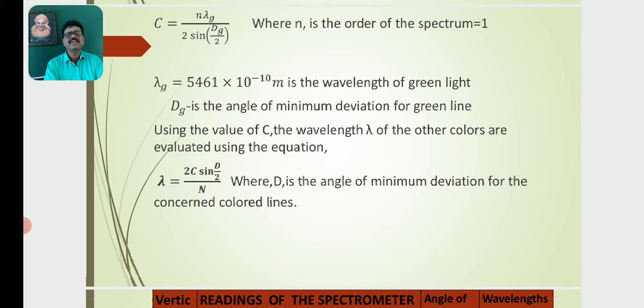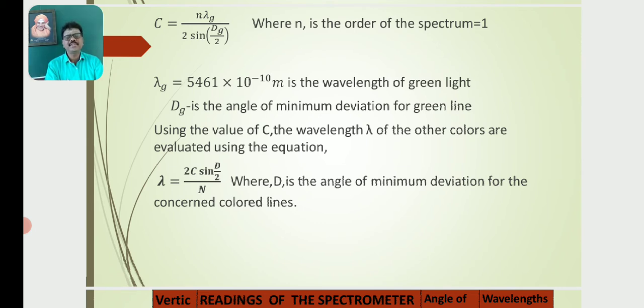Using the value of C, the wavelengths lambda of the other colors are evaluated using the equation lambda is equal to 2C sine of D by 2 by n, where D is the angle of minimum deviation for the considered colored lines. Here C is equal to n lambda g by 2 sine of Dg by 2.